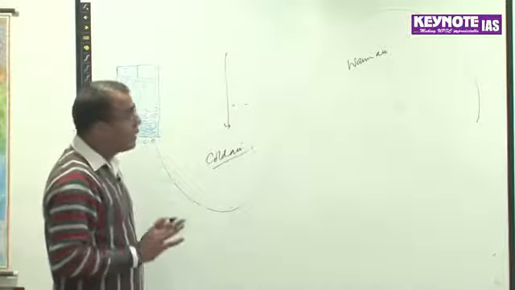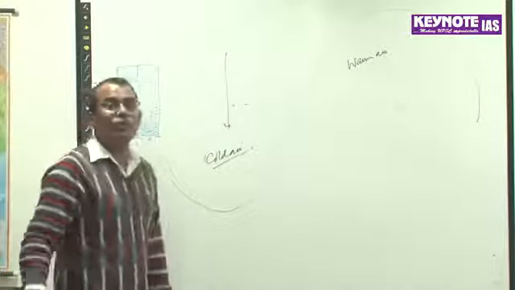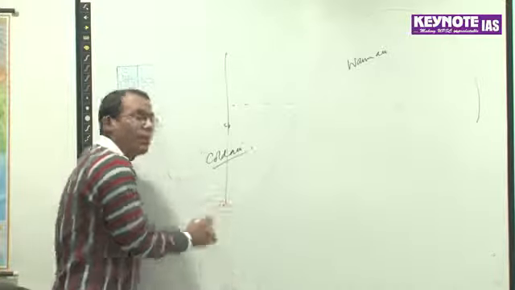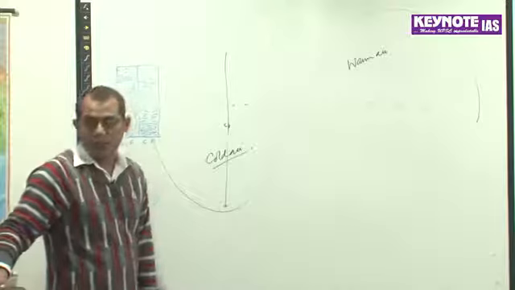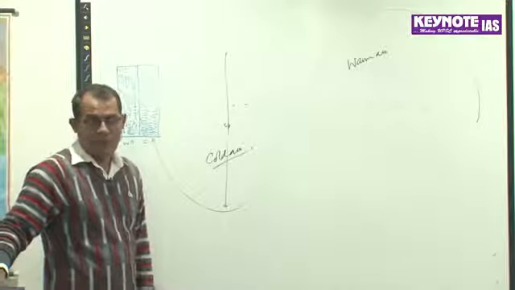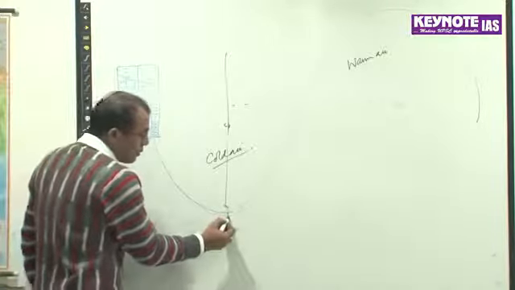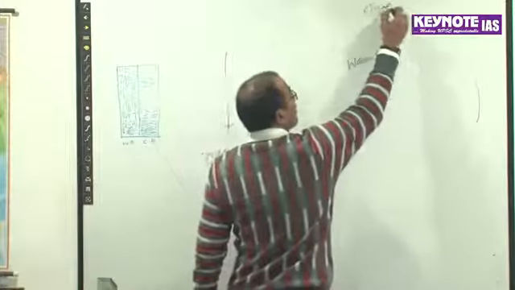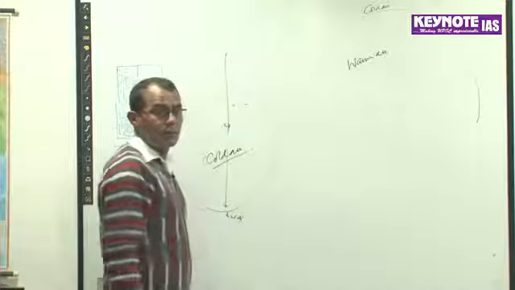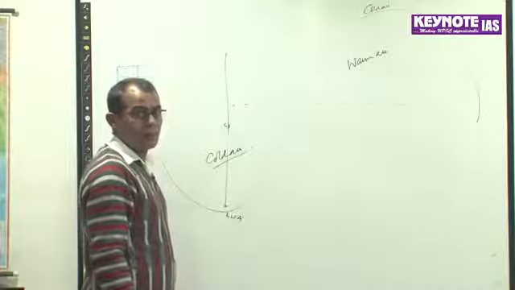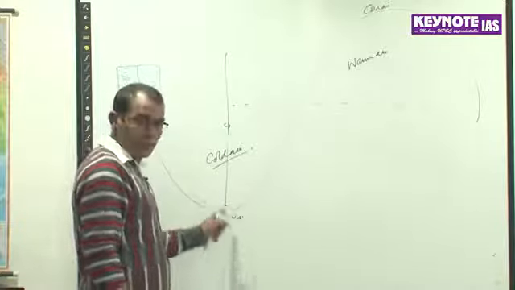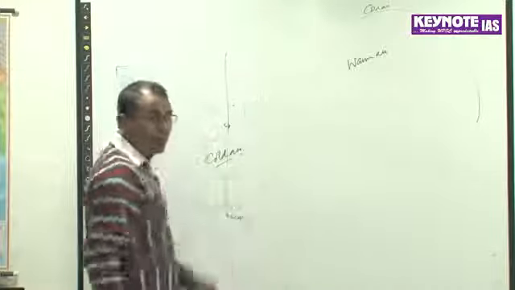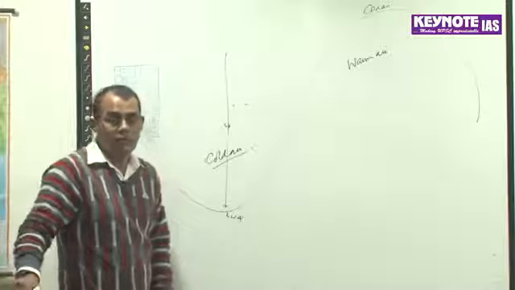That means warm air has moved far closer to the polar areas and cold air has moved far closer to the subtropical areas. And this is warm air. This is cold air. Subtropical areas, equatorward, will move towards the pole and this will move towards the equator.